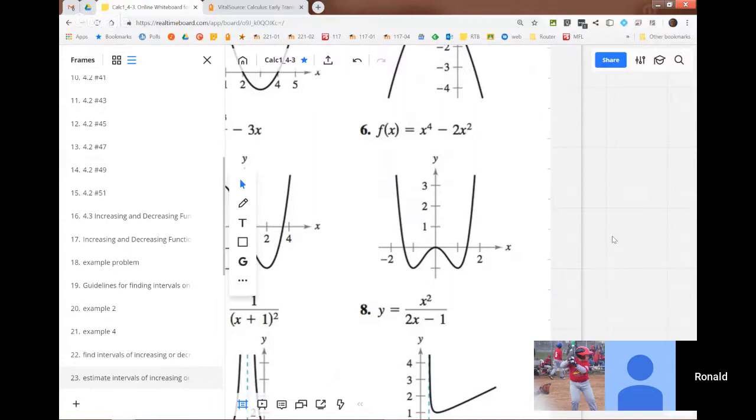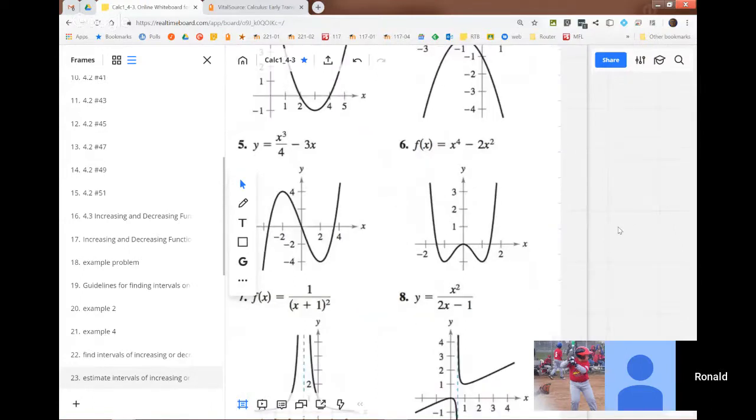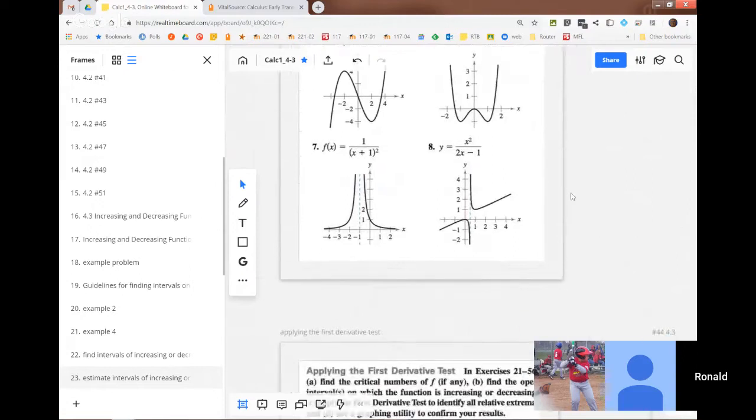Except that graph probably goes on forever to the left, so I'd say negative infinity to -1. Sure. And then from 0 to 1. Increasing: -1 to 0 and 1 to infinity. Yep, that's the idea. So those are pretty simple. They're just visual.